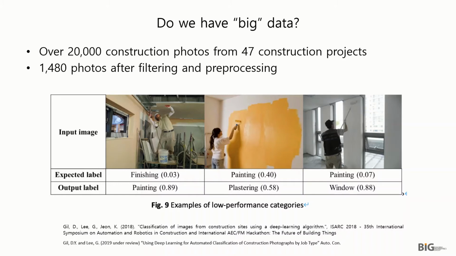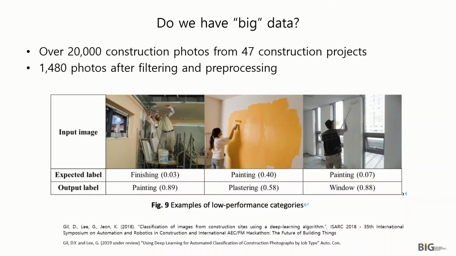There are a lot of pictures, and I took a lot of pictures when I worked for a construction company a couple of years ago, but I didn't have time to organize the pictures. So I came up with an idea of using deep learning to automatically categorize the photos by job type. I thought that should be straightforward.